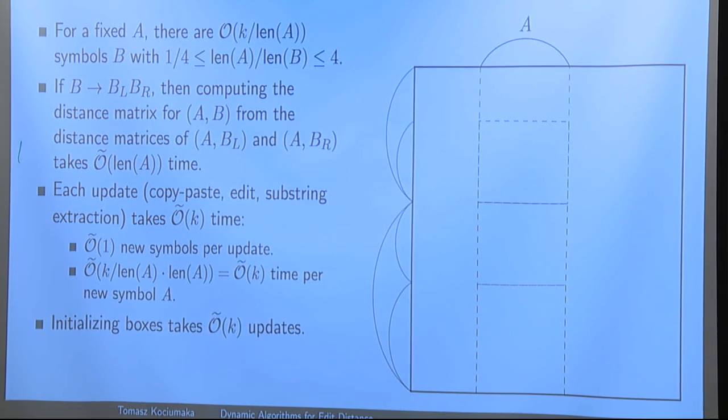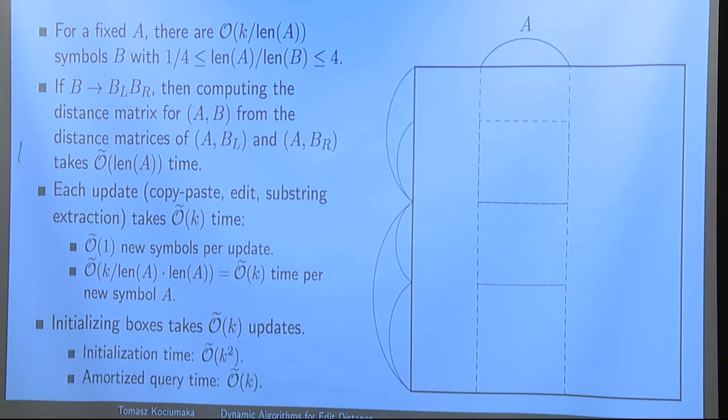And recall that across all the boxes, we had k updates needed because we had k distinct boxes. And to get from one to the next, if they are not distinct, we're using these new characters and copy-pastes. But across all the strings, all the boxes, the number of copy-pastes was k, because the global distance is bounded by k.